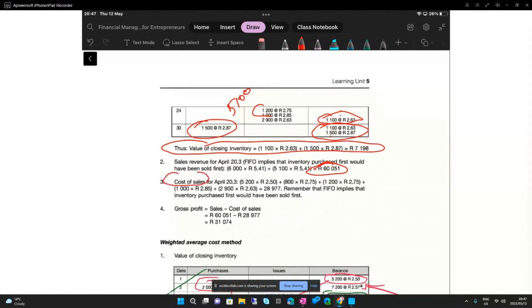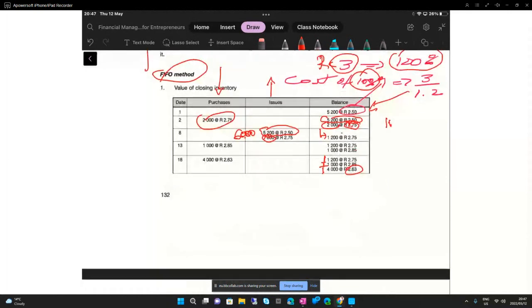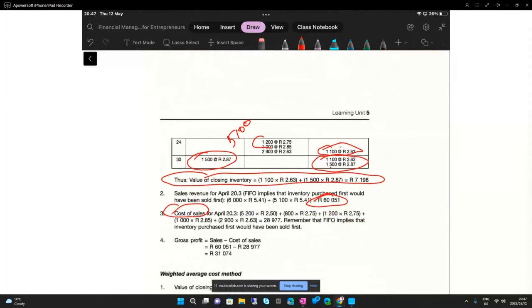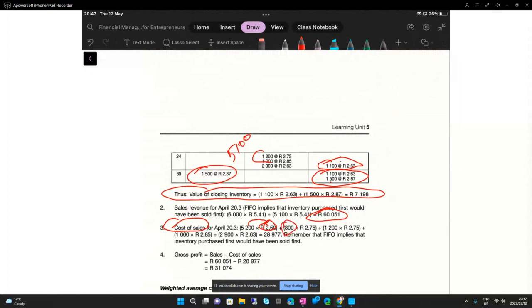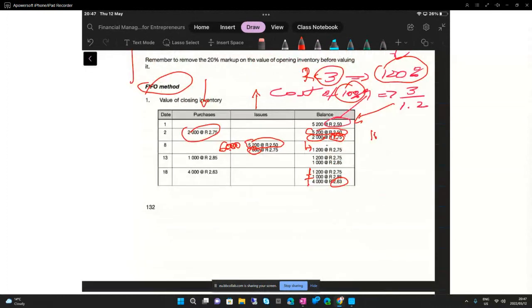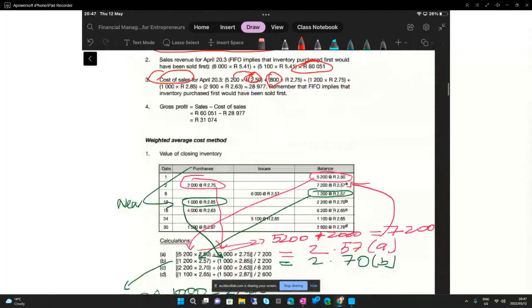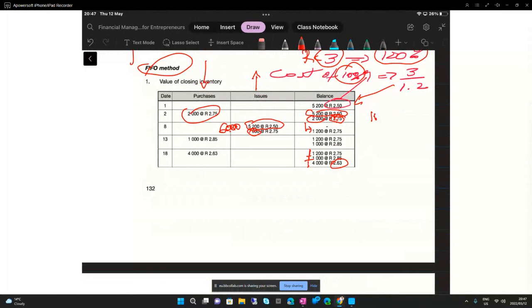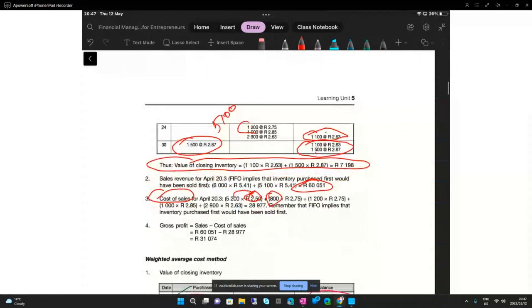From there we can get the cost of sales. Remember, cost of sales, what are we looking at? We are looking at the purchases that we made at the different prices. So we know we made the first purchase, we know what the price was. The second purchase of 800, remember the 800, the third purchase, let me just see that we are on the same page here.